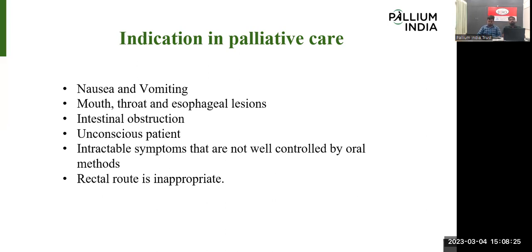Then the unconscious patient. I'm not talking about the unconscious patient mainly seen in the ICU setting. In a palliative care setting, the patient and family are already well informed, and we also know the patient's condition. We know the stage of the cancer, the prognosis is poor, the patient is deteriorating and going to the end of life stage. Now the patient is becoming unconscious.